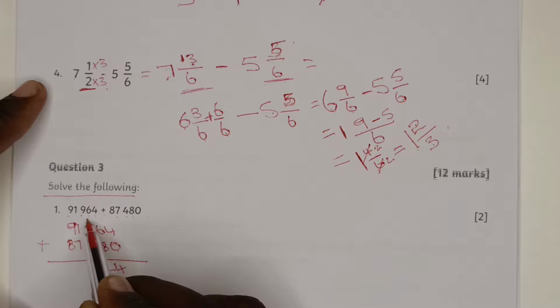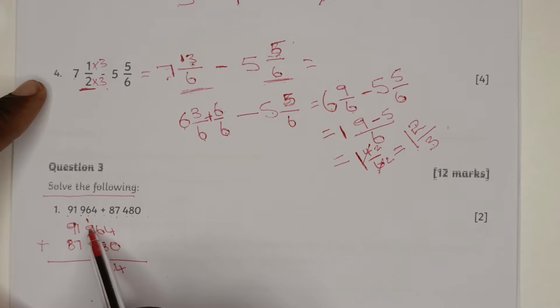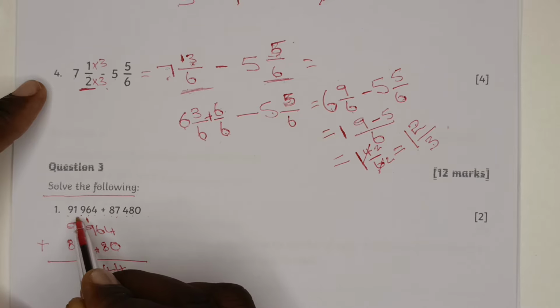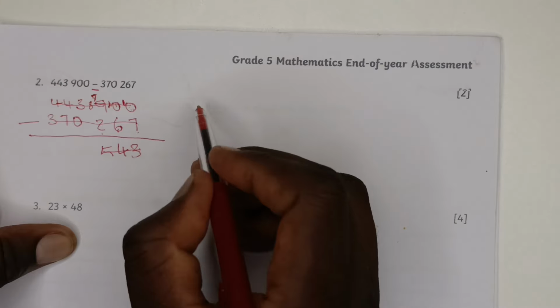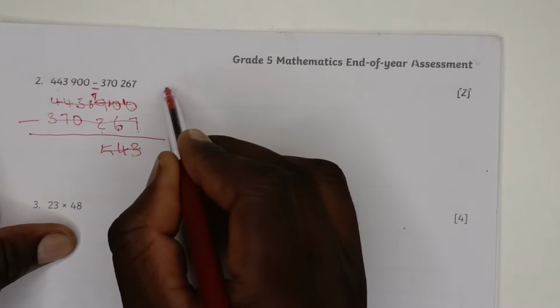Then we carry 1. 9 plus 1 is 10 plus 4 is 14. We carry 1. 1 plus 1 is 2 plus 7 is 9. Then 8 plus 7 is 17. So our answer is 179,444.